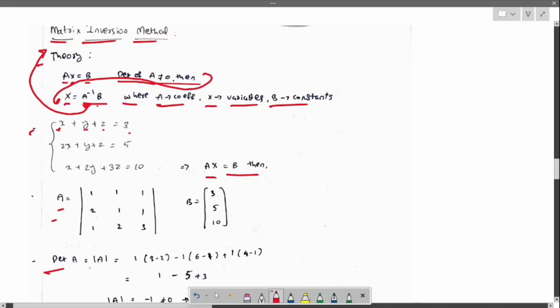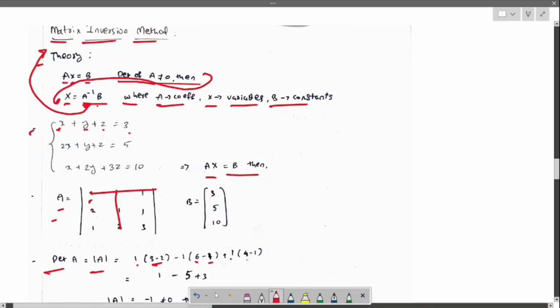Find the determinant of A. You need to write 1 first, with signs plus, minus, plus, times the minors. 1 into 3 minus 2, then ignoring this row and column, 2 into 3, which is 6, 1 into 1.